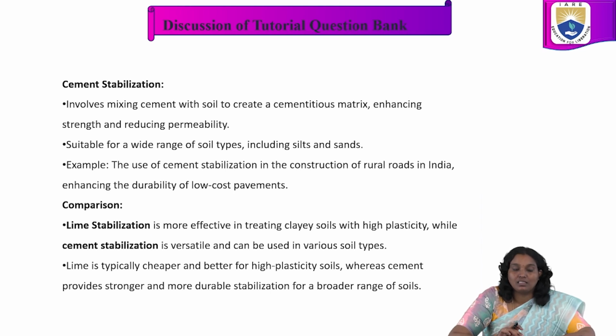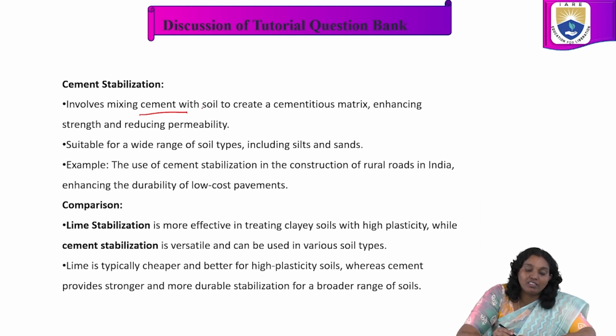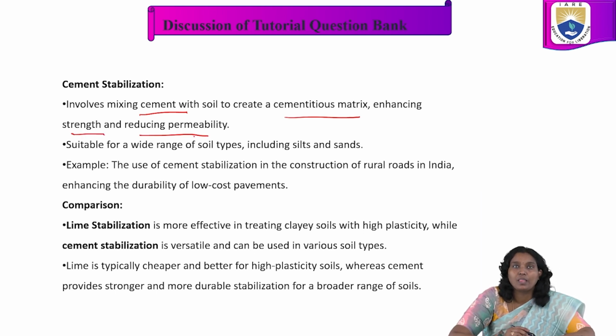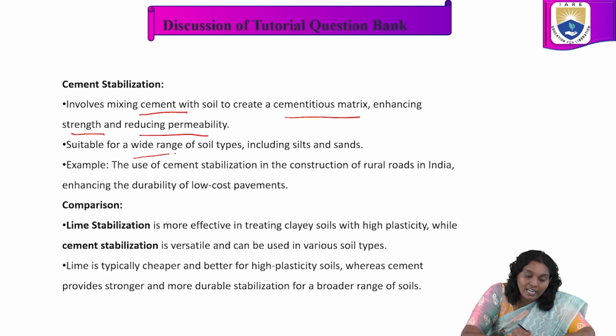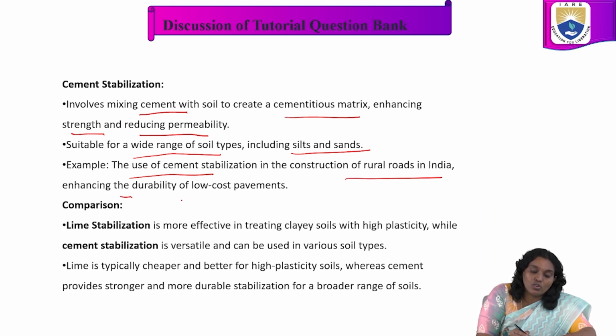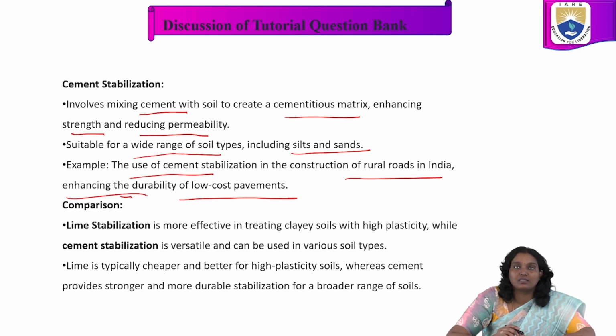Cement stabilization involves mixing cement with soil to create a cementitious matrix, enhancing the strength and reducing permeability. Suitable for a wide range of soil types, including silts and sands. Example: the use of cement stabilization in the construction of rural roads in India, enhancing the durability of low-cost pavements.